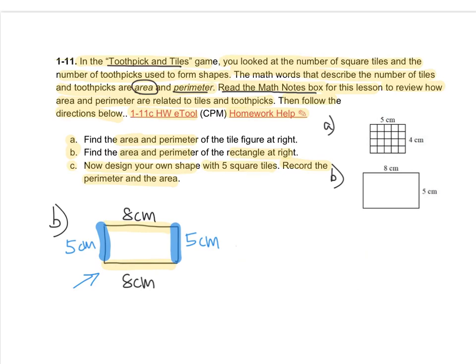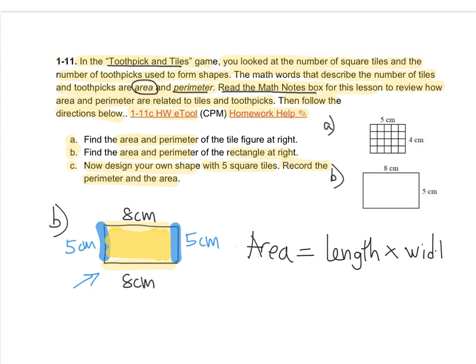For area, I actually need the square units inside. So we need all the inside. I'm going to use the formula, length times width. So the area is equal to length times the width.